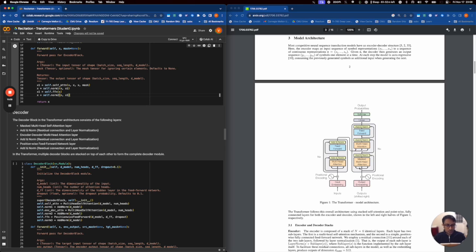So you want it to do masked attention so that it only attends to the values up until the point where it's trying to predict the next token in the sequence, because we're trying to train this for next token prediction.